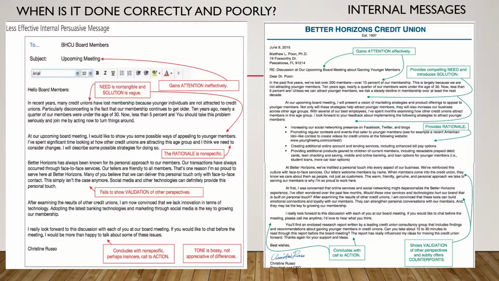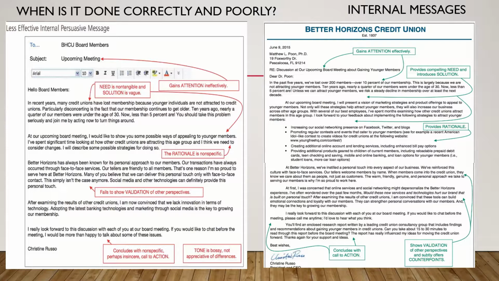This picture is the less effective internal persuasive message. As you can see, this is ineffective because it lacks a tangible need and the solution is vague. It also needs an attention getter. It fails to show validation of perspective and the wrong tone is used.